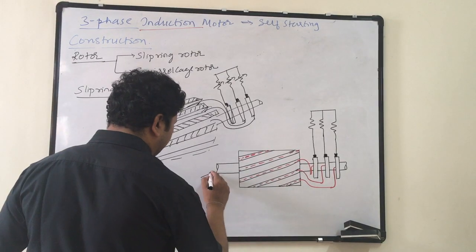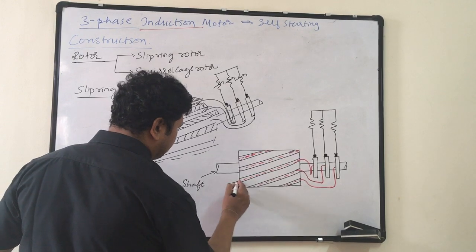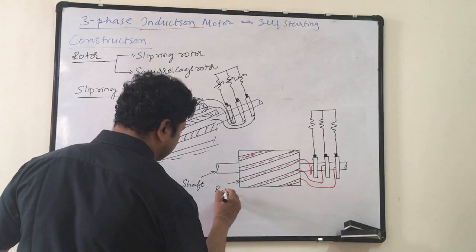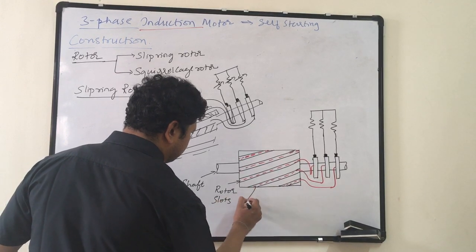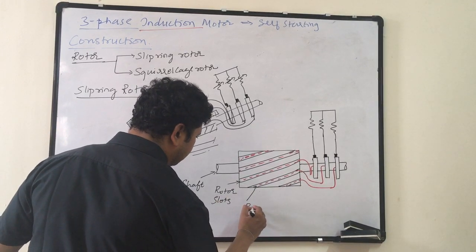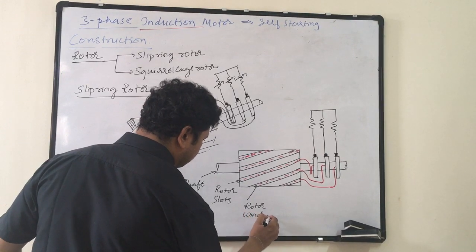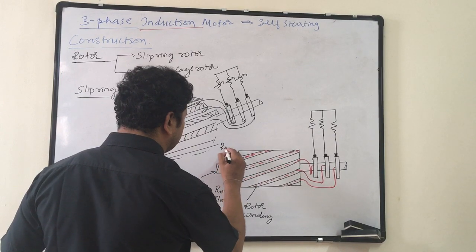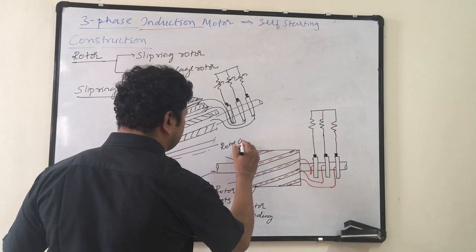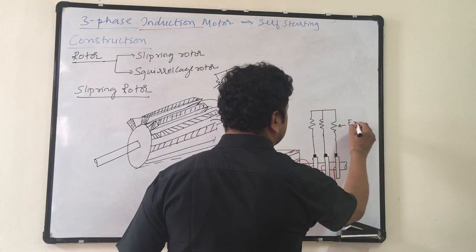So this is the shaft. These are rotor slots. This is the rotor winding. Okay. This is the rotor core. This is the external resistance.